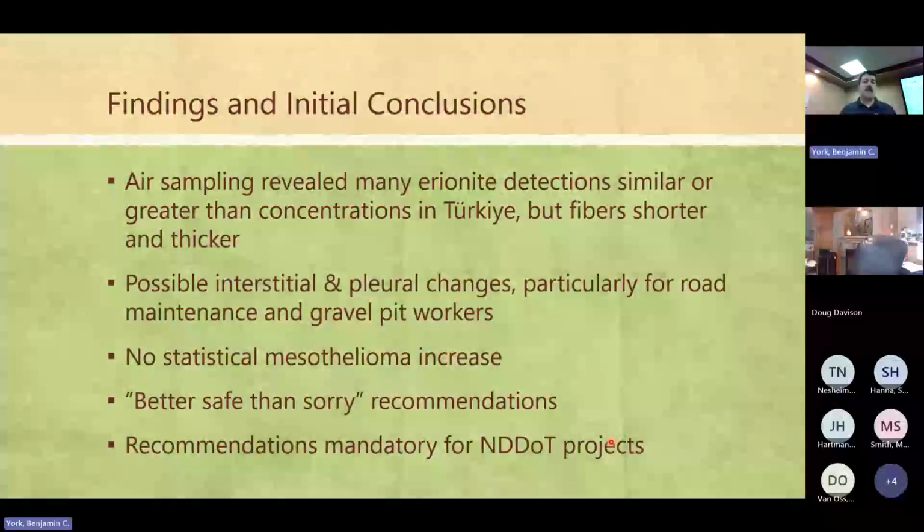So getting into the findings and initial conclusions from both the geological study and the medical study. Air sampling revealed that there is Erionite in the Killdeer area, or at least was back then. And in these concentrations, when they compared them with the concentrations in Turkey, they were found to be similar or greater than the concentrations in Turkey. But interestingly enough, the fibers here that were becoming airborne were shorter and thicker than the ones in Turkey.